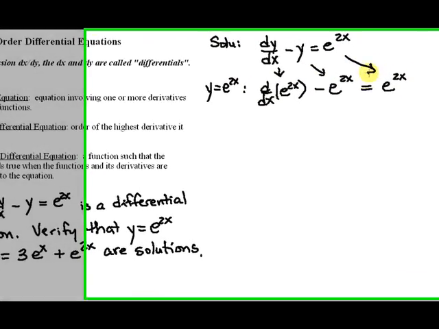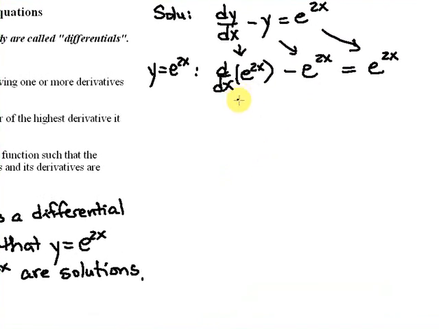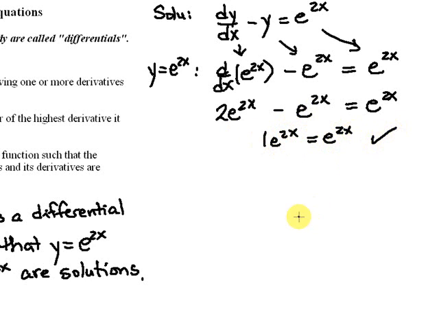Okay, so what is the derivative of e to the 2x? Well, this is a chain rule, so we're going to have e to the 2x times the derivative of 2x, which is 2. So we have 2e to the 2x minus e to the 2x equals e to the 2x. Subtracting here, these are like terms, so we just get 1 e to the 2x equals e to the 2x, which is true.